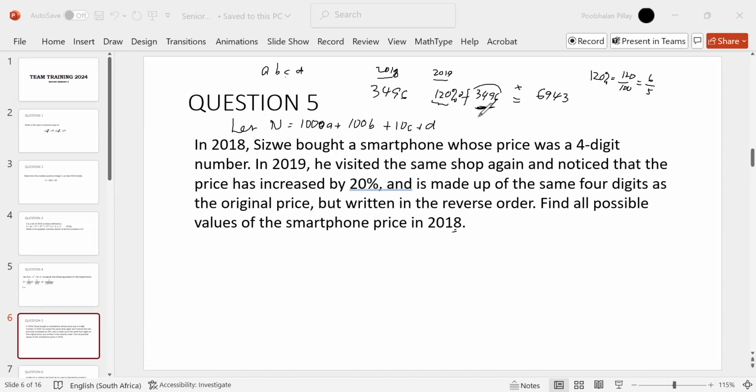So when you multiply this number by 6 over 5, you're going to get the same number written in reverse. You're going to get DCBA. Right? Let me just not take any shortcuts here.